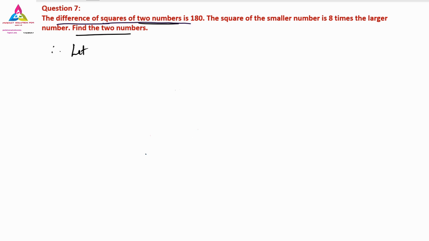So now we can say: let the largest number be x and the smallest number be y. This is the first thing. Now we will go through statement by statement.